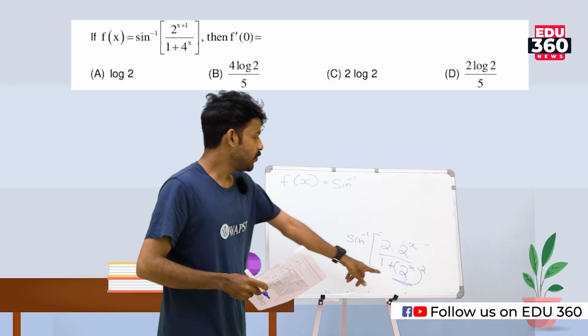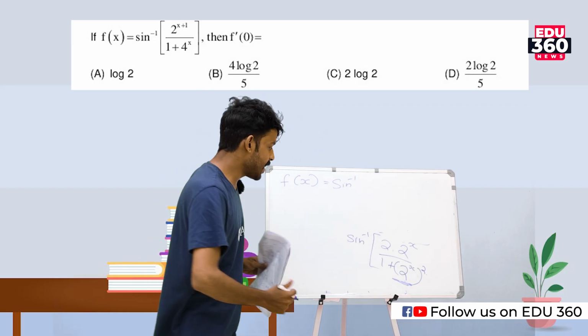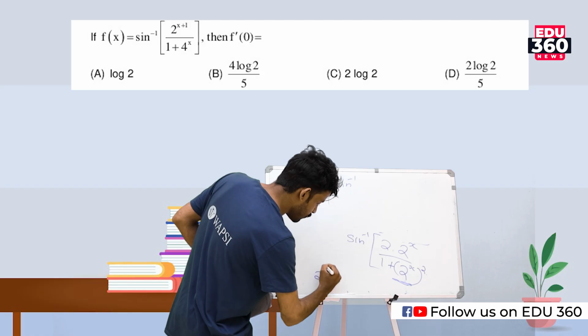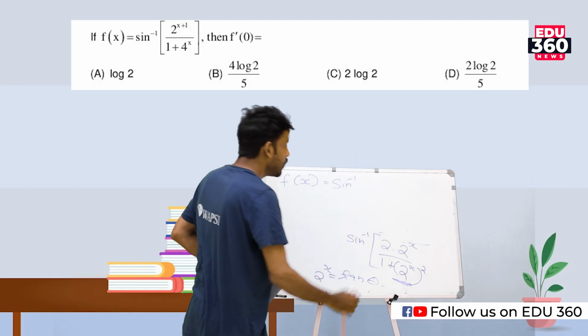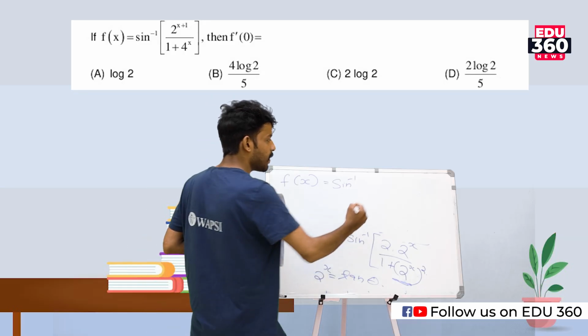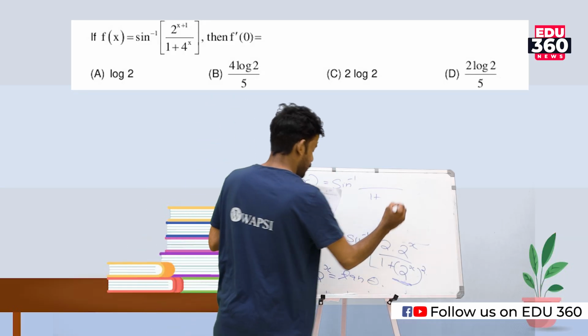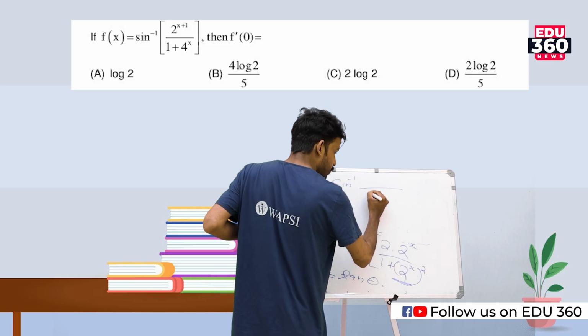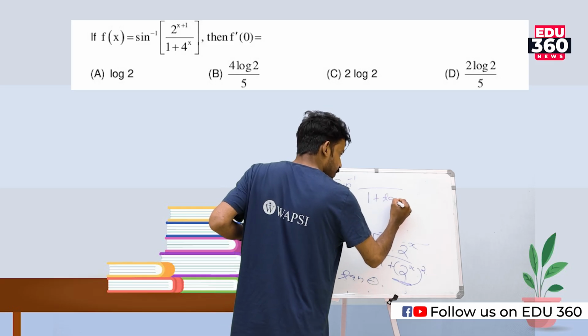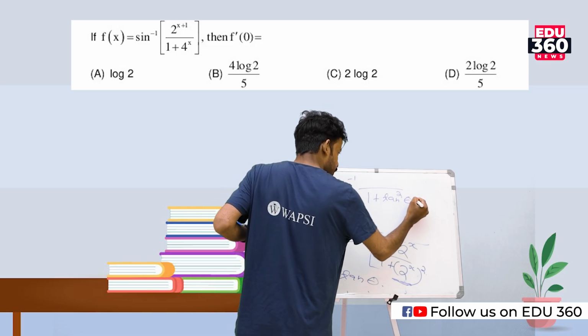In the denominator, first of all, it will become 1 plus tan square theta.